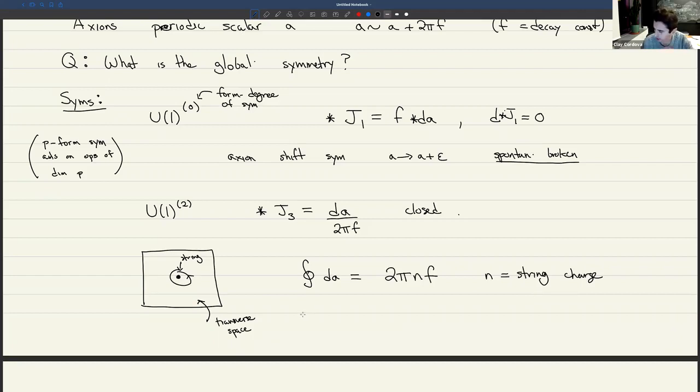And one thing maybe to comment on is that the analog of the Coleman-Mermin theorem implies this symmetry is never broken.